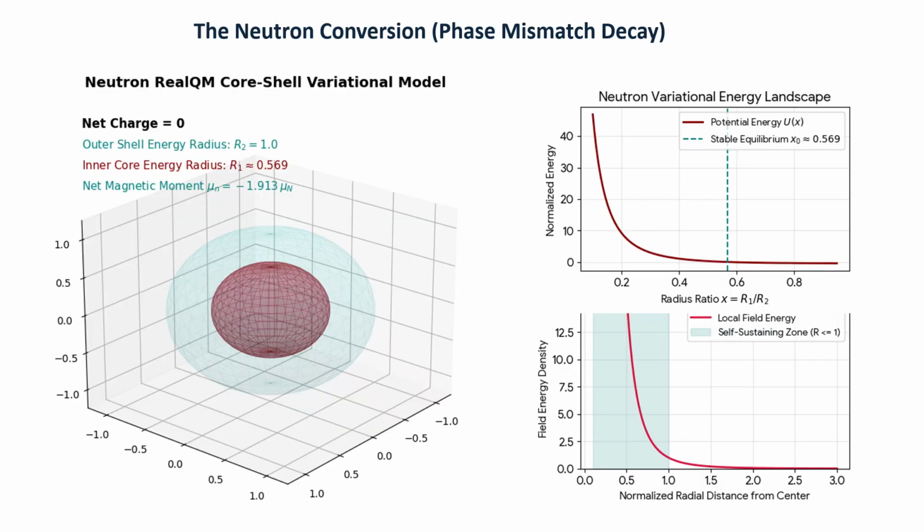Let's move to the neutron. I call this the neutron conversion, or conversion from the proton model to the neutron model, and explain why a free neutron outside of a nucleon will decay. That's what I call the phase mismatch decay, and why inside of a nucleon it doesn't.